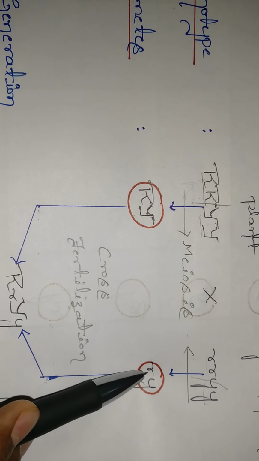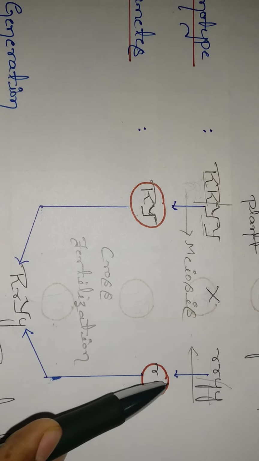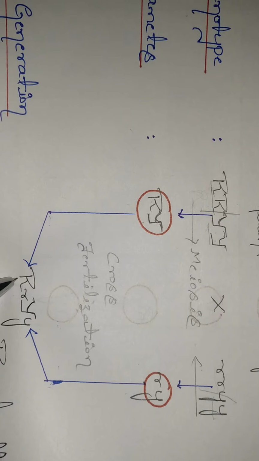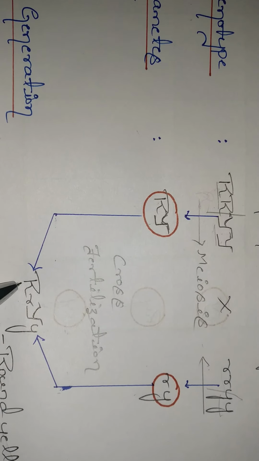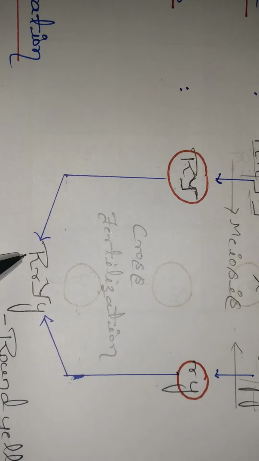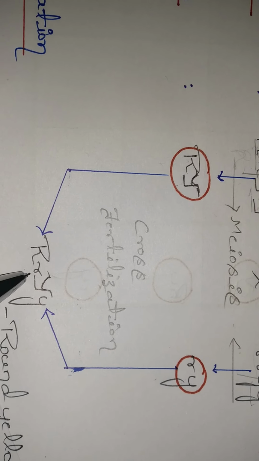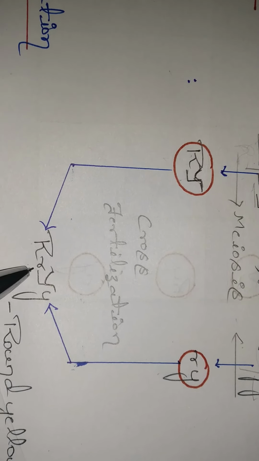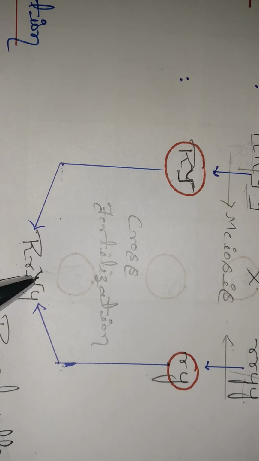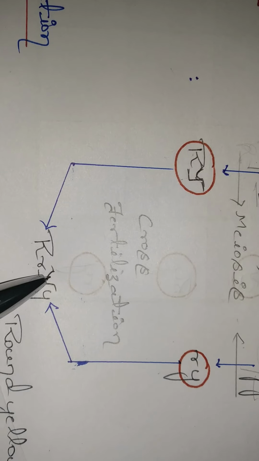Here comes the small r, carried over here, and small y. Capital R represents the dominant character, round, and small r represents the wrinkled, recessive character. Capital Y represents the dominant character, yellow color of the seeds.